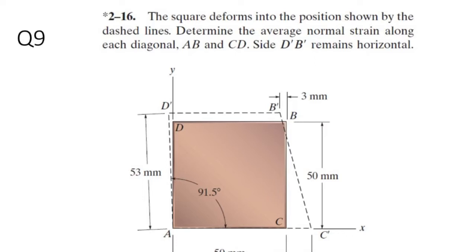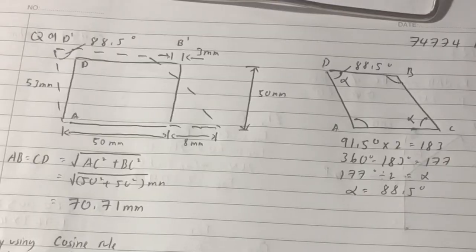So first thing first, as a solid mechanics student, we should draw a normal FBD diagram. But here we know that it stretches out and becomes a rhombus shape to the right, so we have to make two FBD diagrams. So this is the solution of the FBD diagram of this question. There are two. So first we gather all the information so that we can solve the puzzle in an easy way.